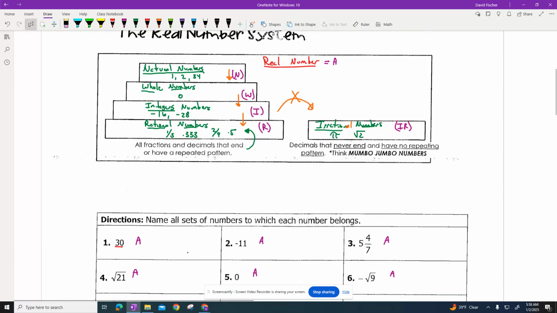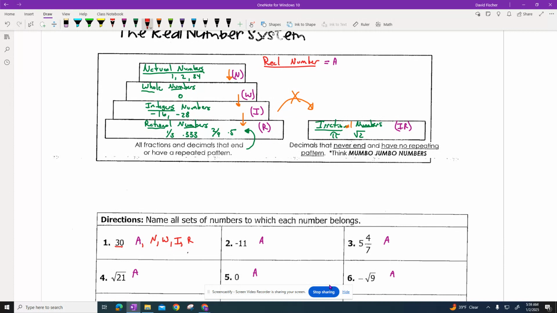Okay. Now let's go back to our natural numbers. Our 30 here. 30 falls into this category up here called natural numbers. So now that we have a code, we can put it's an N, it's a W, it's an I, and it's an R. 30 goes into this box right away, and it falls into this one, then it falls into this one, and then it falls into this one.